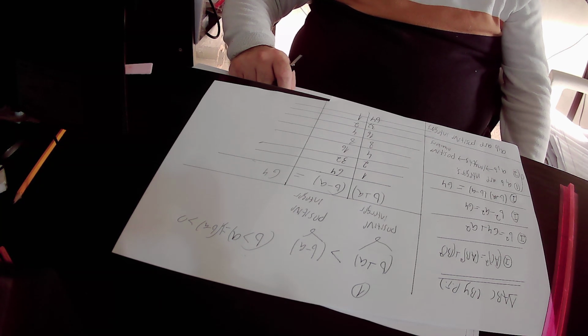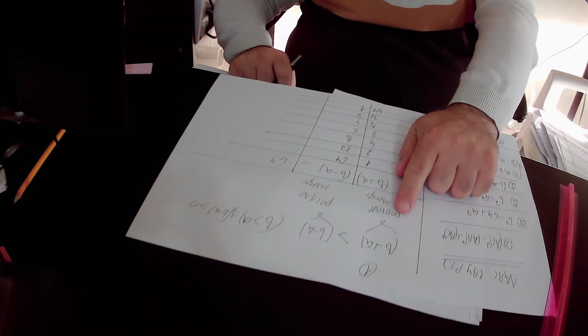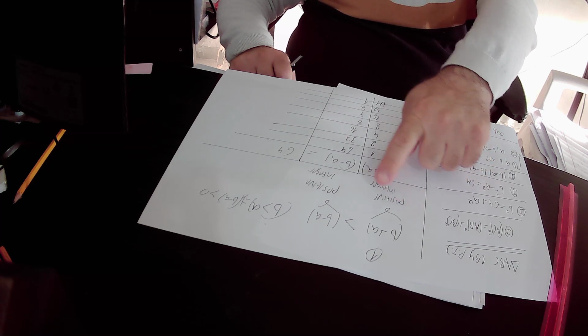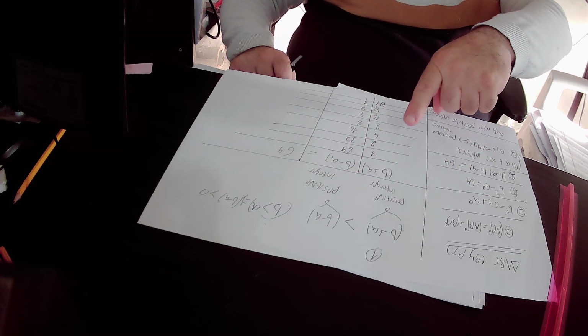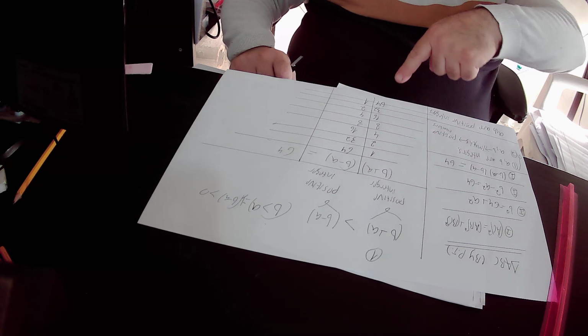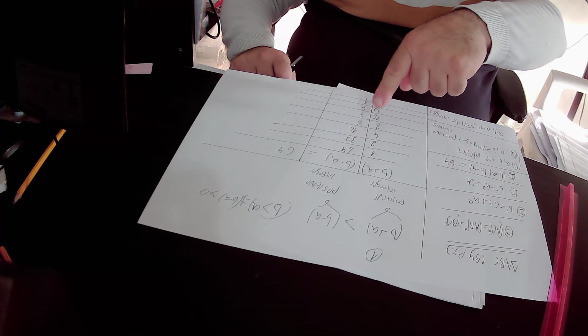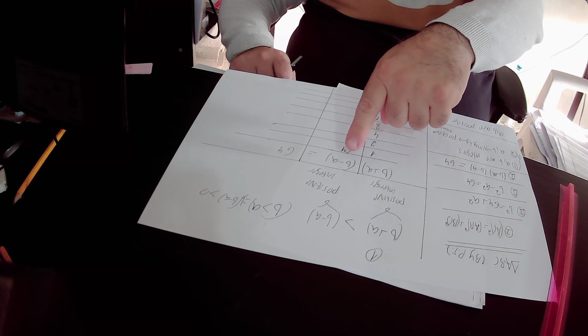But we also know that according to this inequality, b plus a is greater than b minus a. That is to say, the first column, that is b plus a, must be greater than the second column, b minus a.